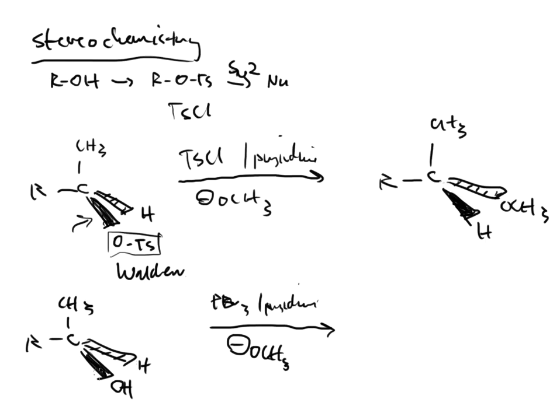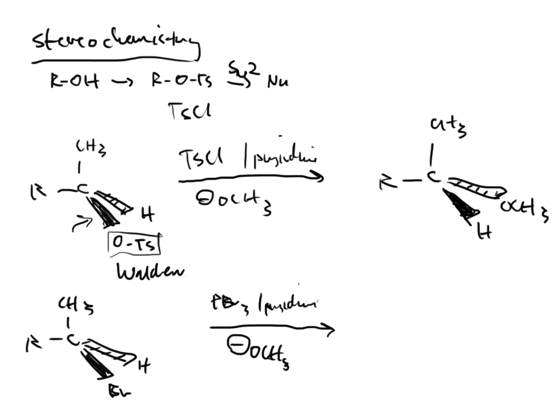The OH is going to get replaced, and that gets replaced by a bromine in this case. And then that bromine is going to get replaced by an OCH3 group. Okay, there's two steps there.